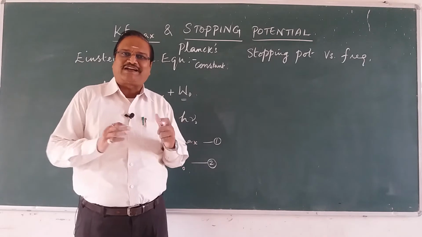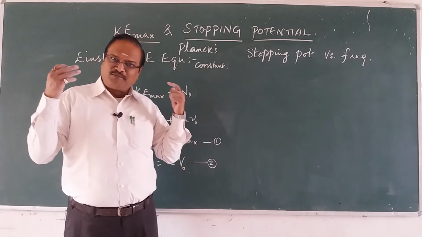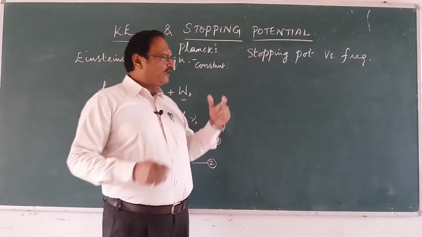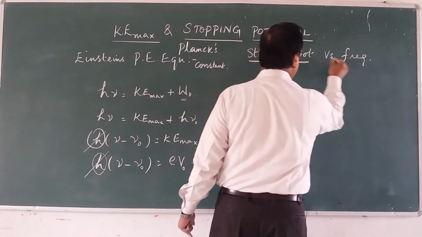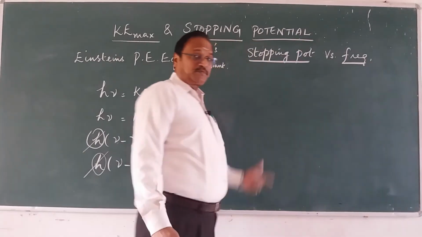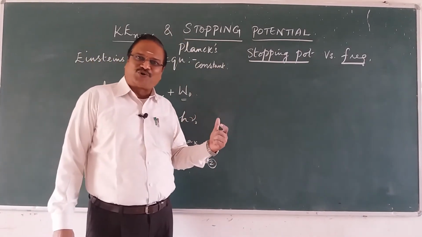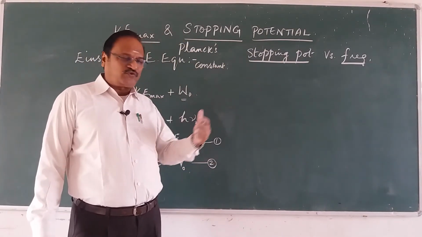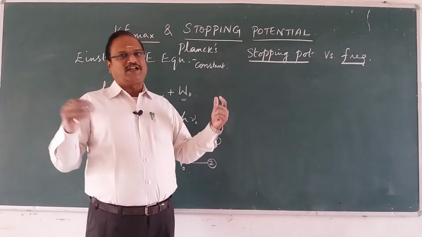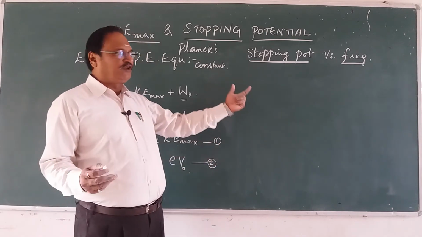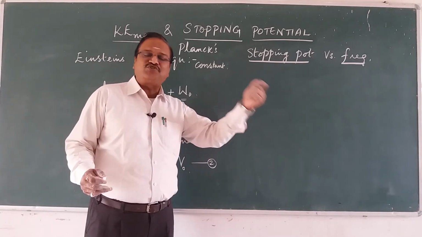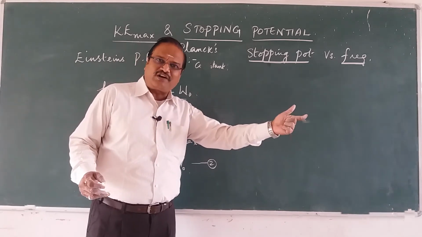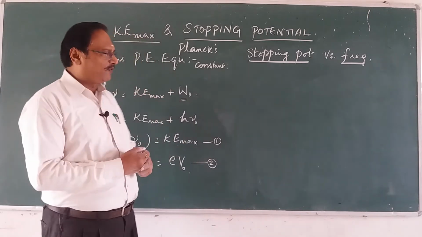No photoelectric current is further coming, right? So you can define it in either of the ways. Now, this stopping potential, it stops what? It stops the photoelectron. When there is no photoelectron coming, no photoelectric current, that is what it is going to be. Photoelectric emission is taking place, but it cannot reach the plate. So photocurrent is not there.